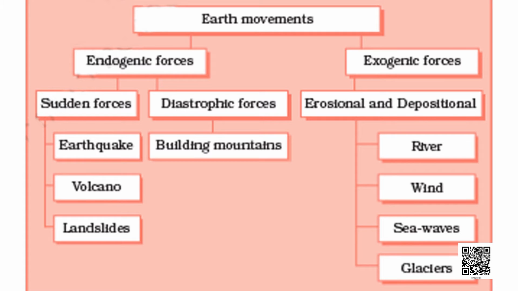Look at the other side of the flowchart. Exogenic forces, erosional and depositional. So, these forces lead to changes by the river, wind, sea waves and glaciers. So, all this pressure makes the landforms.